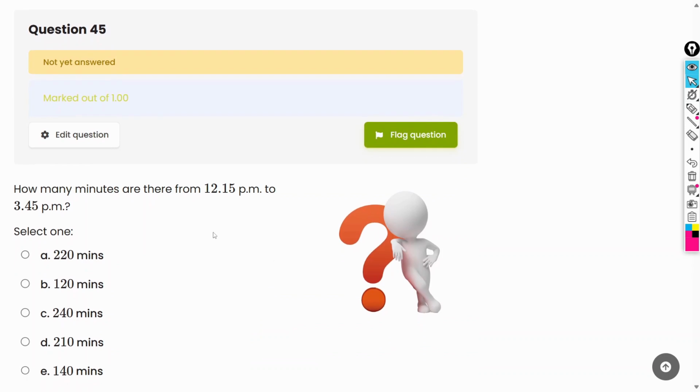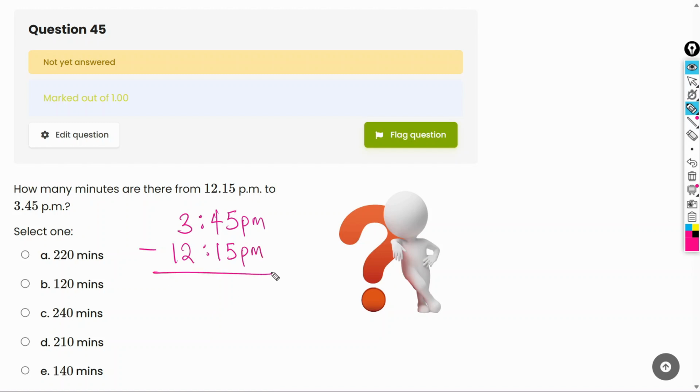How many minutes are there from 12:15 p.m. to 3:45 p.m.? 12:15 p.m. to 3:45 p.m. So we should subtract. So 3:45 p.m. minus 12:15 p.m. Now, both of them are in p.m., but then the way this looks, we obviously cannot subtract.